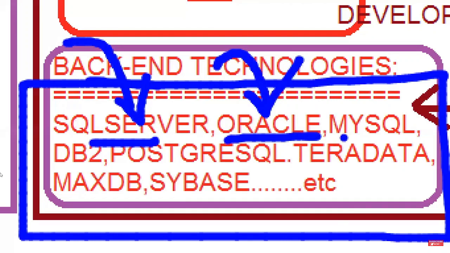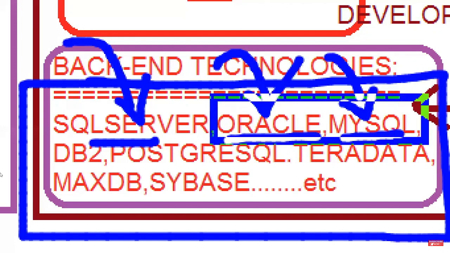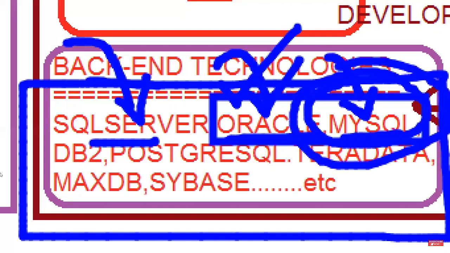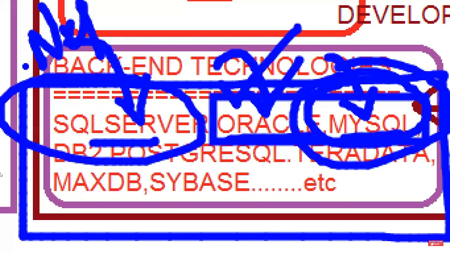Even though MySQL is optional for Java and Python students, most of them focus on these two databases. So if you learn Oracle, automatically you can handle MySQL. And .NET people especially are learning SQL Server because SQL Server and .NET are both Microsoft products.